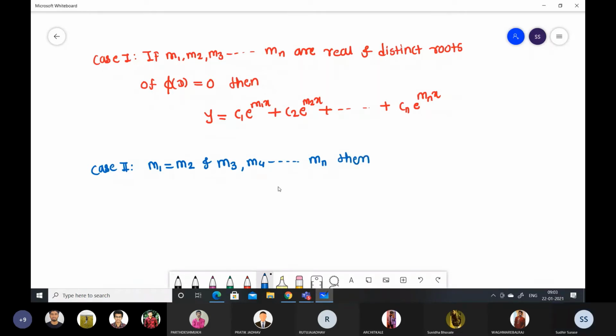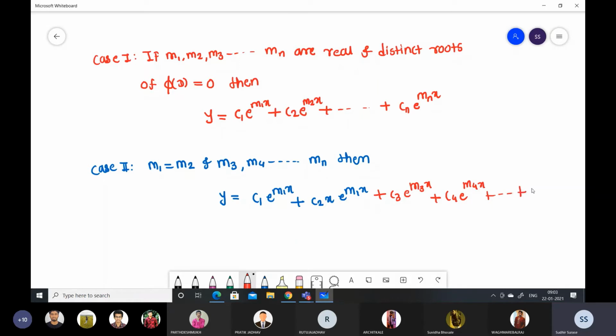Then y equals c1 e^(m1 x) plus c2 x e^(m1 x), and for the remaining roots you follow case number 1: c3 e^(m3 x) plus c4 e^(m4 x) and so on up to the last root c_n e^(m_n x). So this is the way of writing the solution in case number 2.